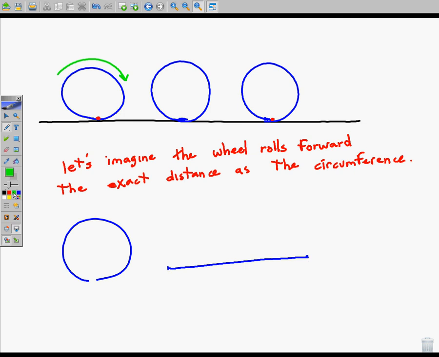So of course, from here all the way around to there is the circumference.